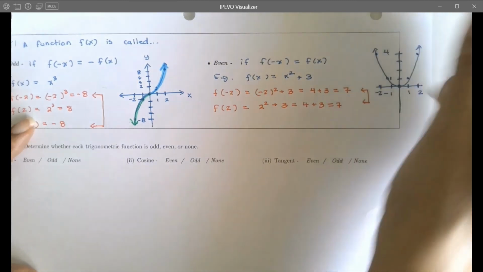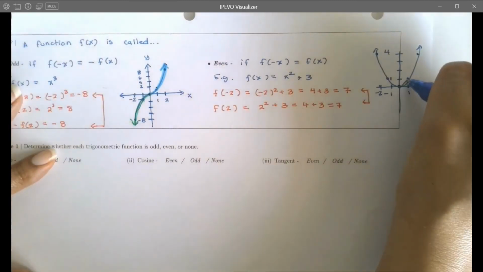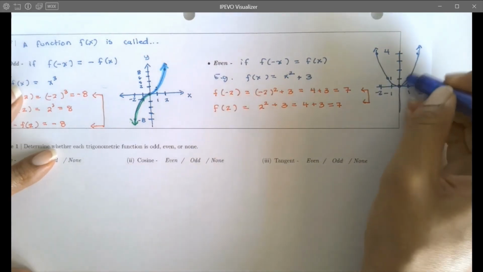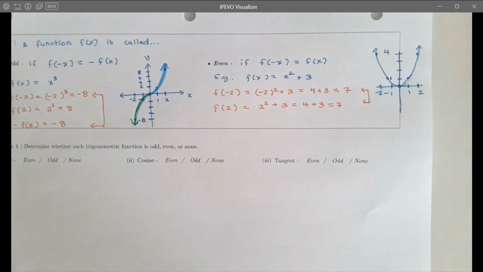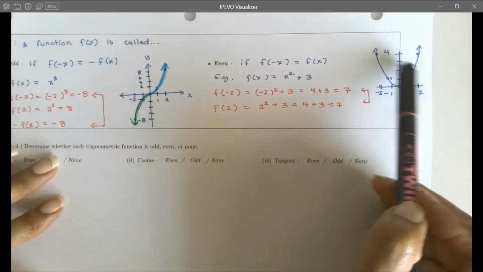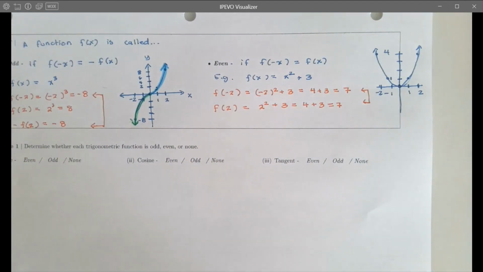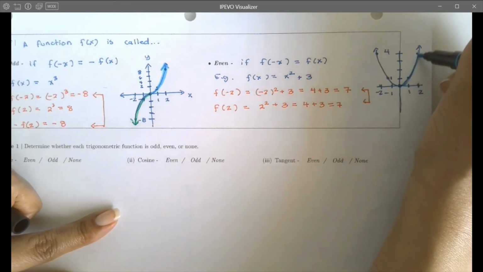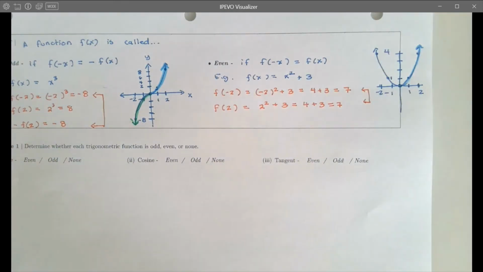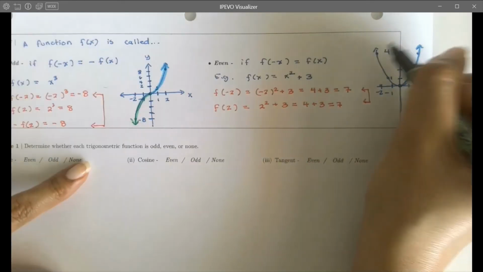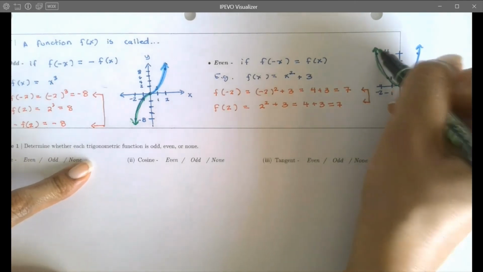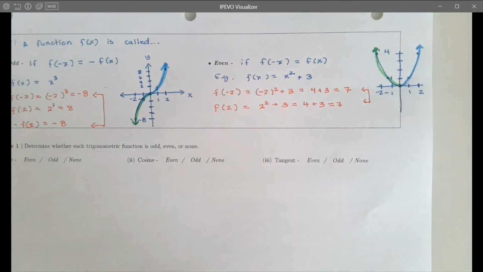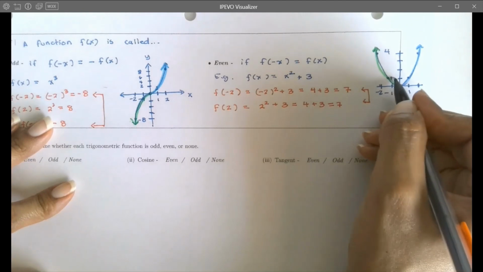But what's special about this type of graph is that the points reflect across the y-axis. So what I mean by that is that everything on the right-hand side of the y-axis has a mirror image on the left-hand side of the y-axis, right? These points reflect each other.